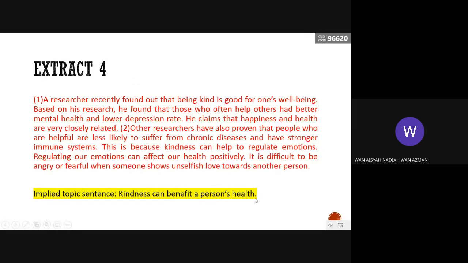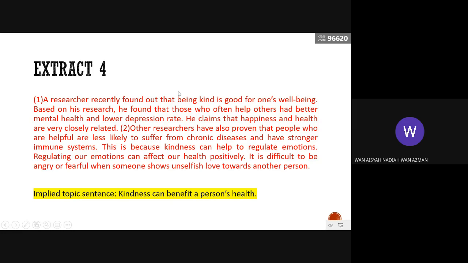You can write down any topic sentence, or use any words, as long as in your topic sentence you must have the word kindness, and benefit or advantage. So for extract number 4, the topic sentence is implied. It is not given to you directly. So you have to make your own topic sentence based on the supporting details.